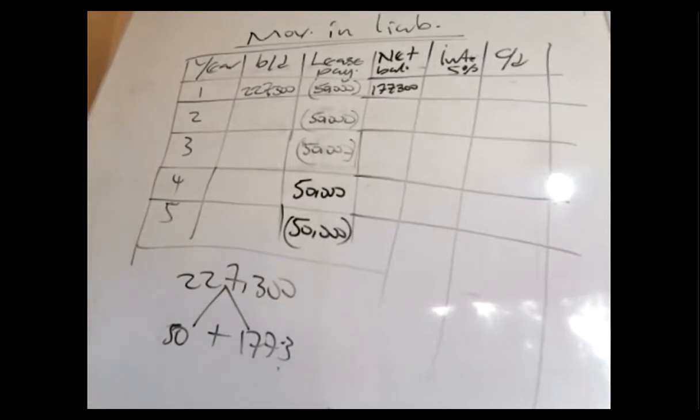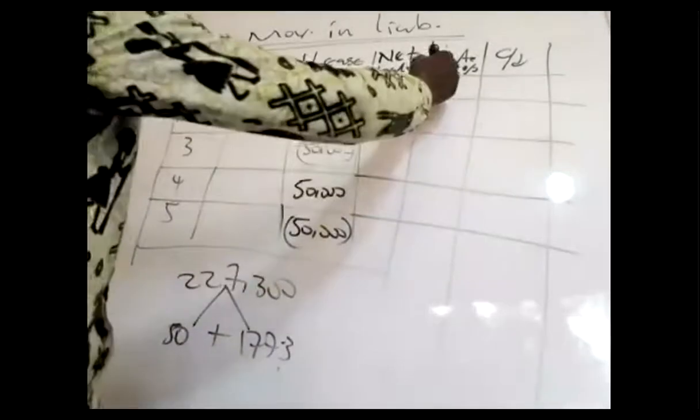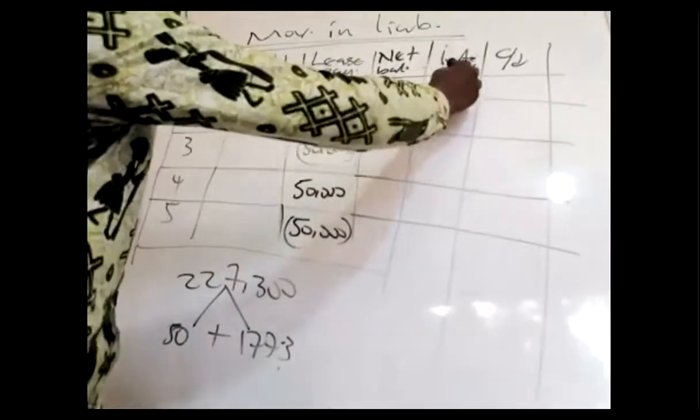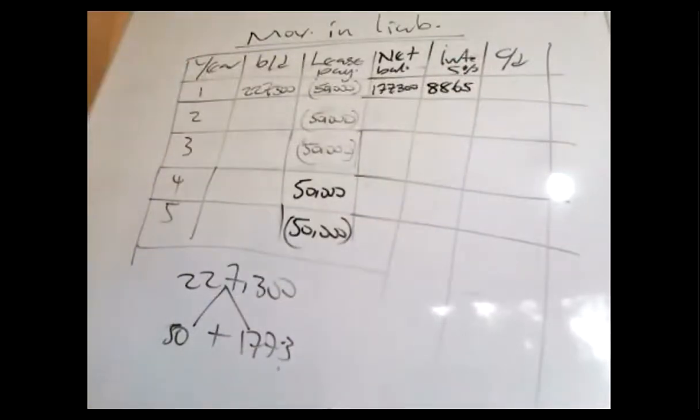Then you find 5% of this value. Great. So the answer will be 8,865. That should be the interest. This one will give you 186.